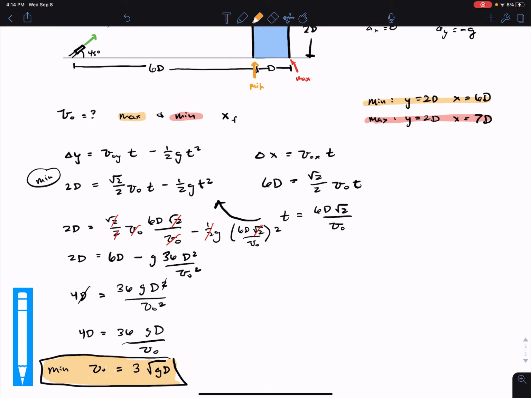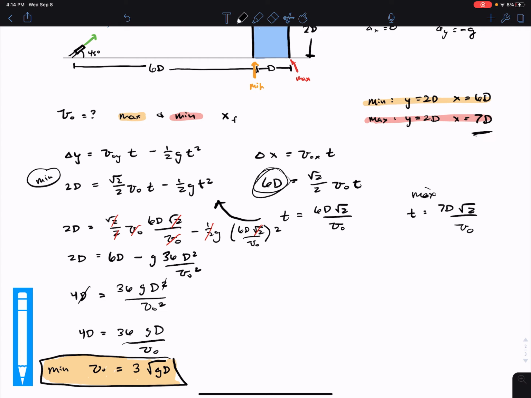All right, we can repeat this for the maximum, right? So looking at this, we do the same thing for the maximum. The only thing that really changes for the maximum is t is going to be equal to 7d root 2 over v naught for max, okay? Because all we've changed is this value to this value.